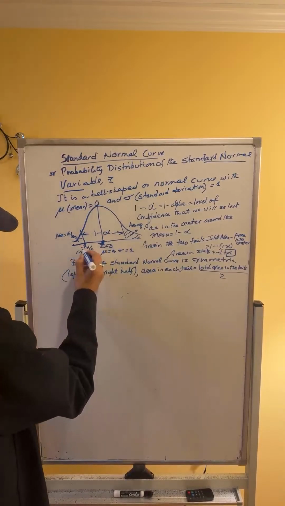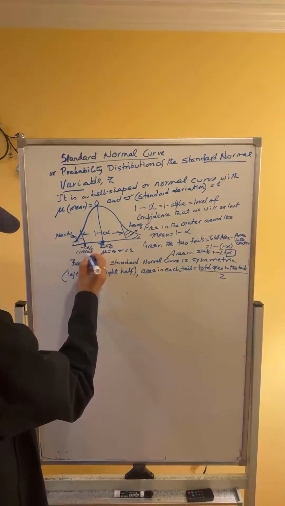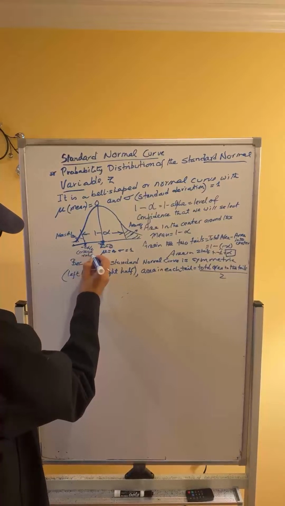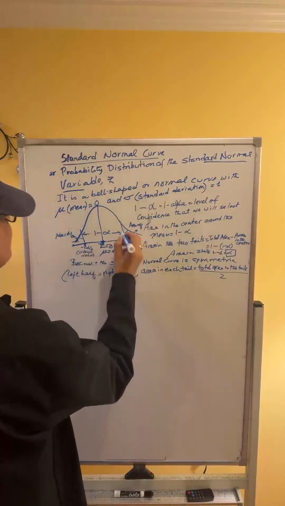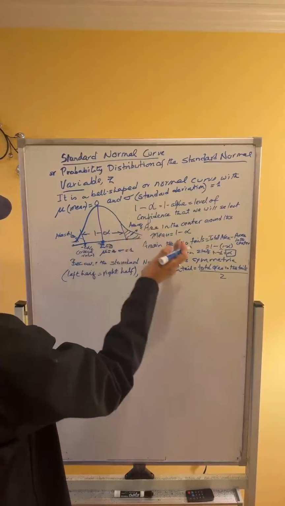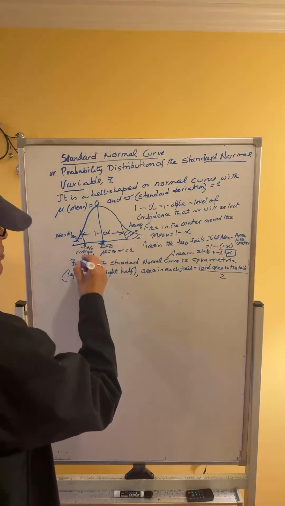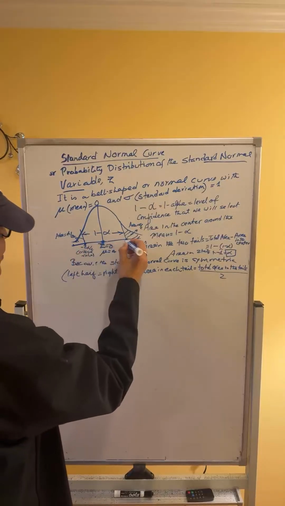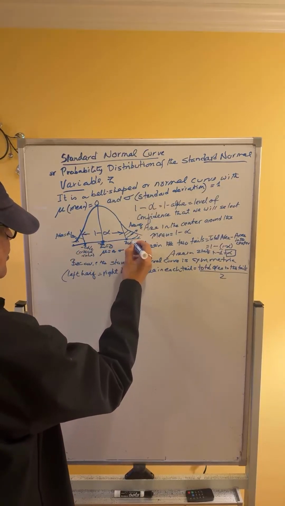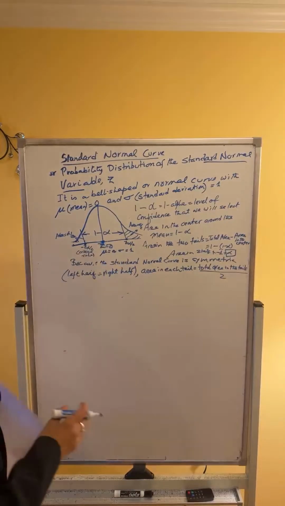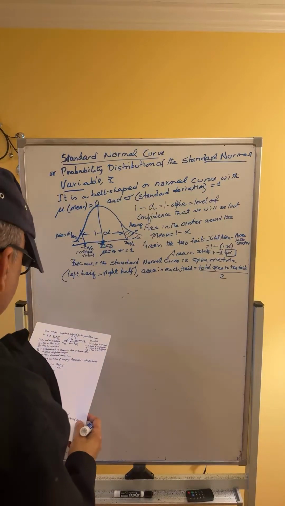This is also sometimes called a critical value. Similarly, this value z alpha by 2, which separates the right tail from the central area, because of symmetry, is the same value with a positive sign, which we do not indicate. Okay, z alpha by 2.